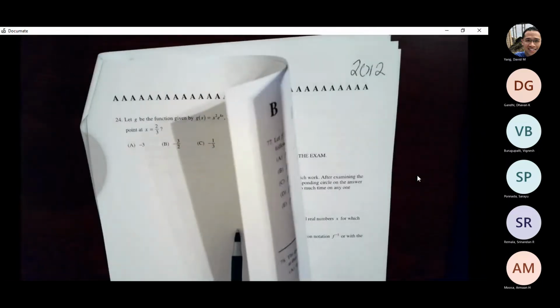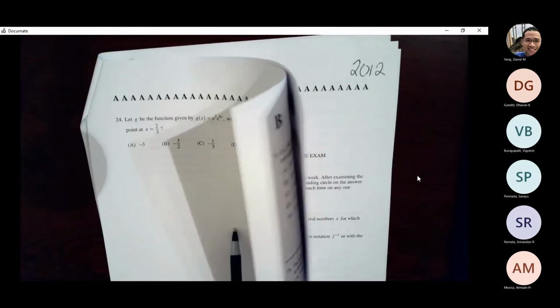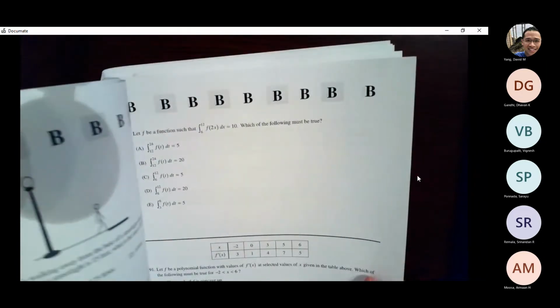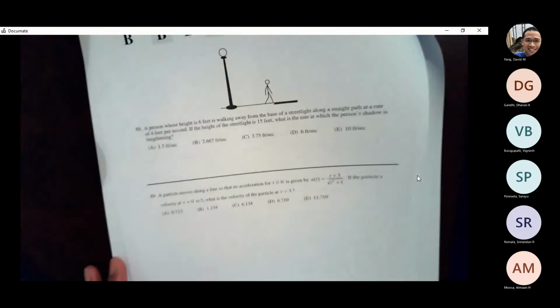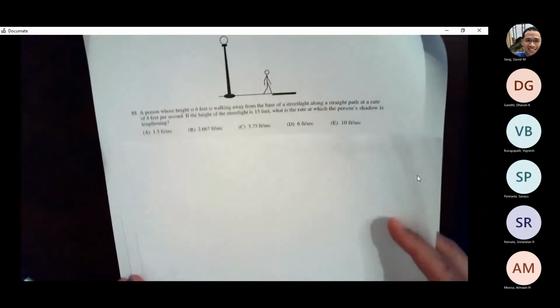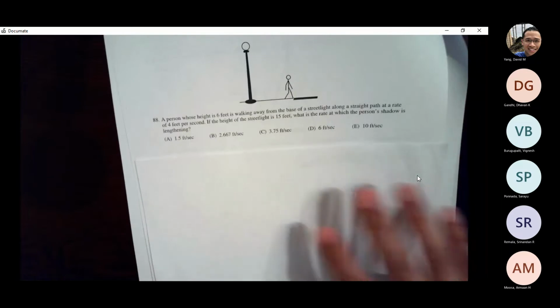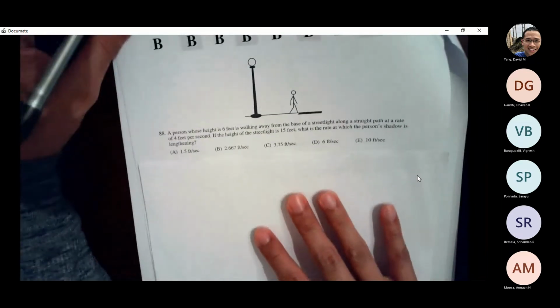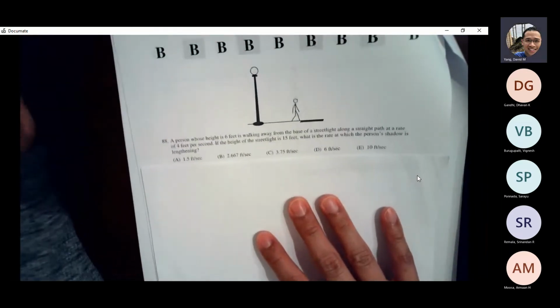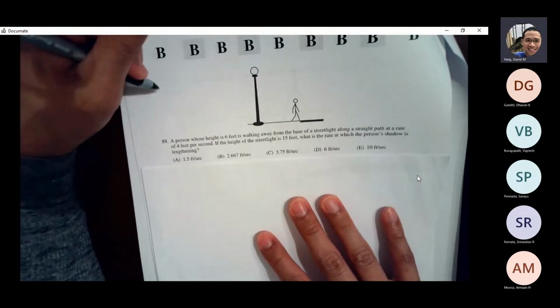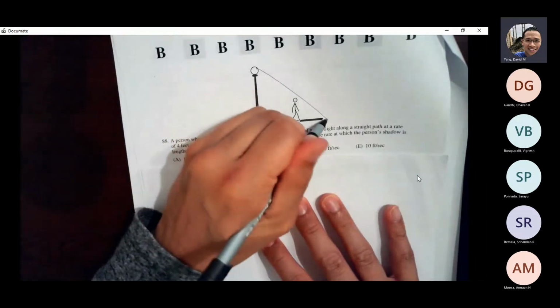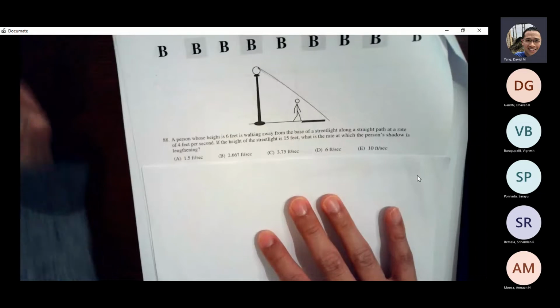Let me work through this from scratch here. All right, so we know that this is going to be a triangle within a triangle, creating that situation there.